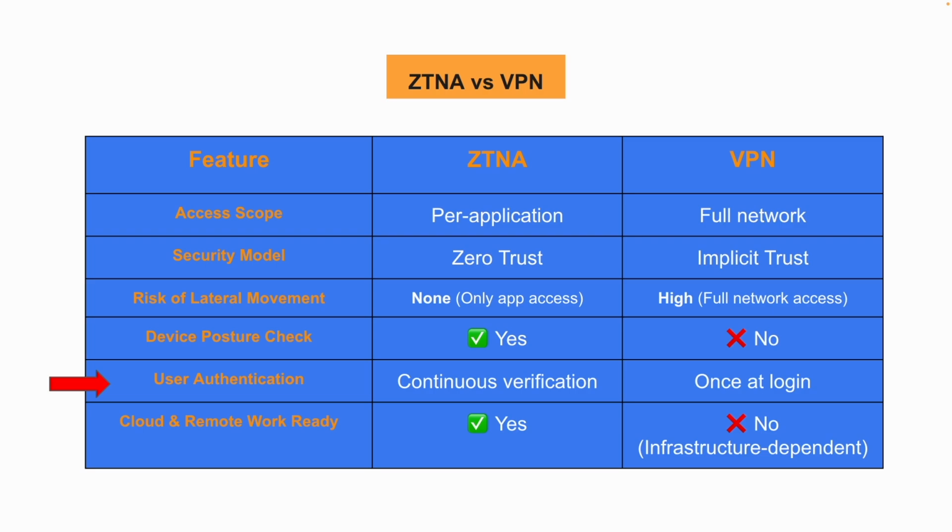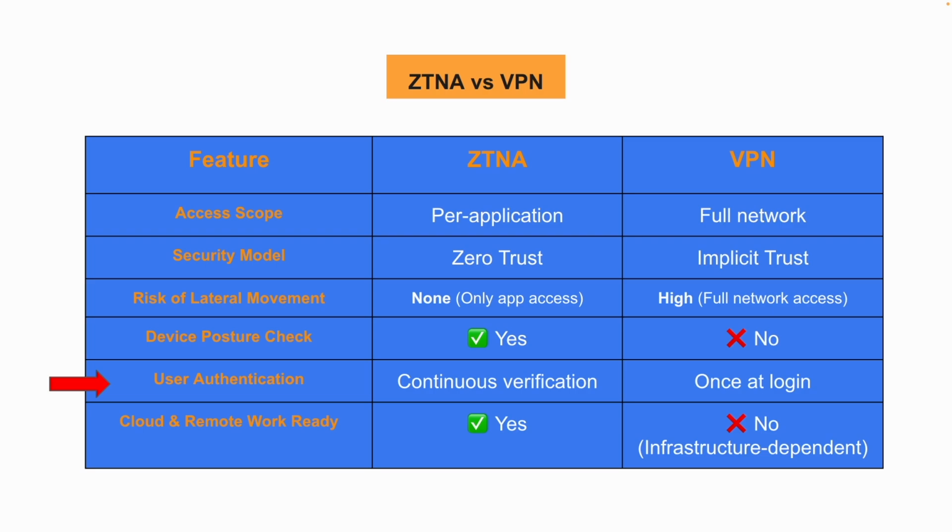Continuous authentication specifically means access is regularly verified throughout the session, which reduces the risk of compromised credentials being misused, because every time someone is trying to access, there is a continuous verification and authentication happening.